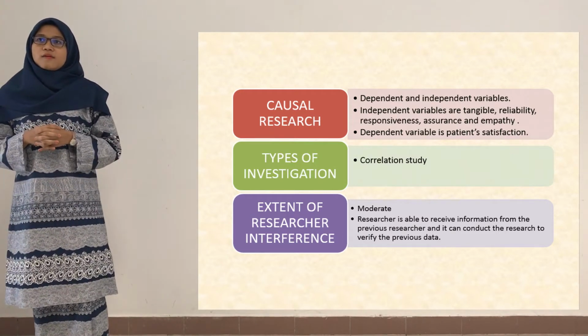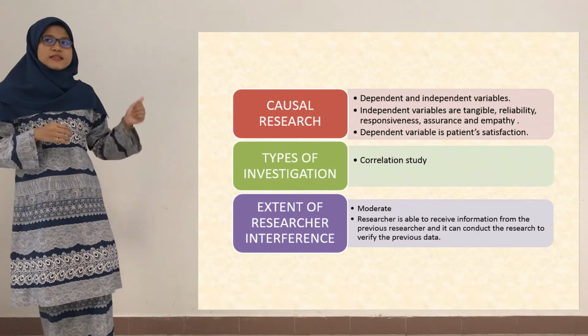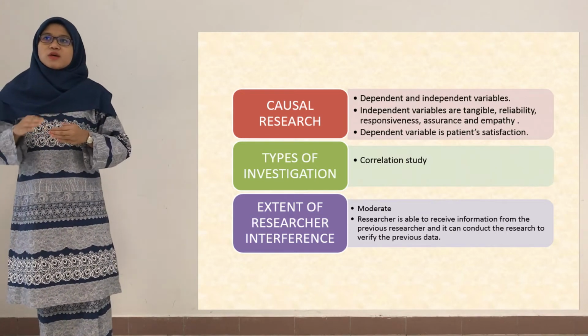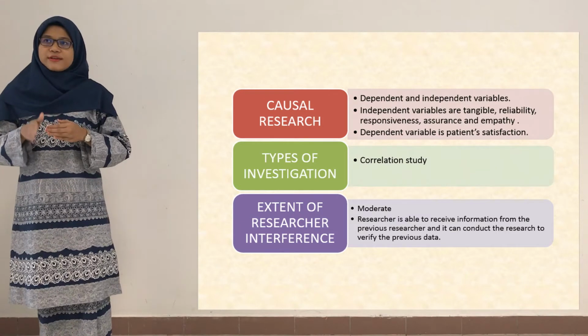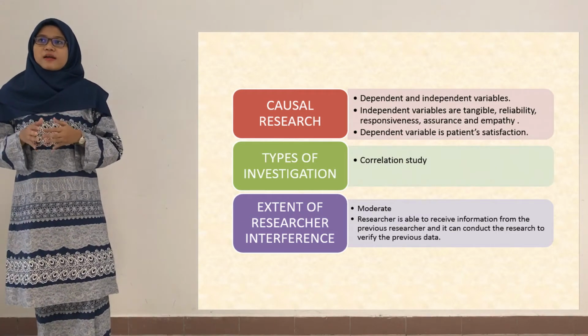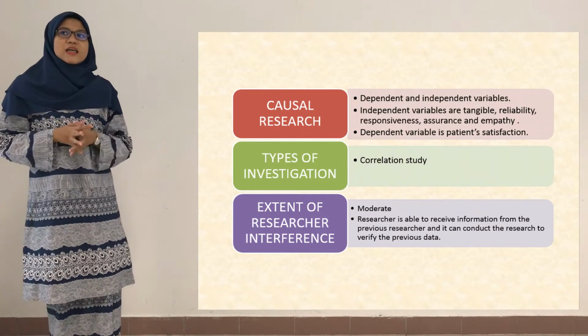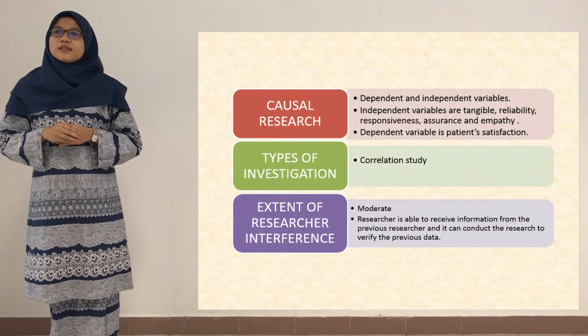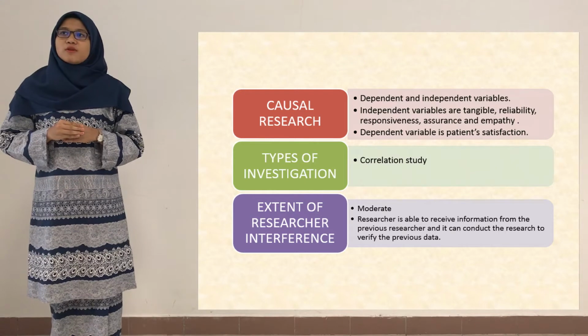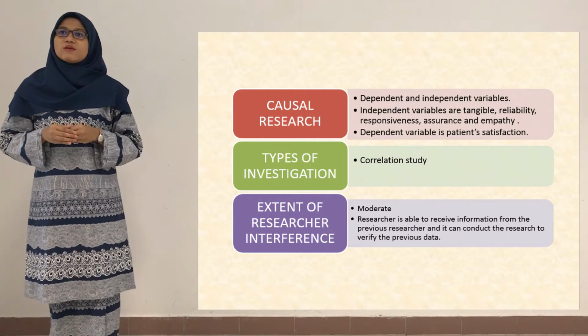Alright, for the next, for the study setting, the researcher uses non-contrived. By using a questionnaire, the data can be collected easily and more accurately. It just takes a few minutes for respondents to answer the questionnaire.